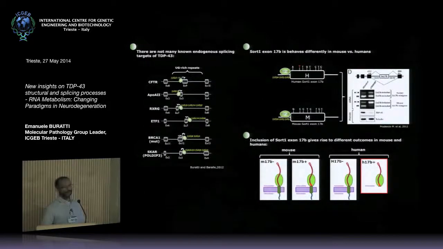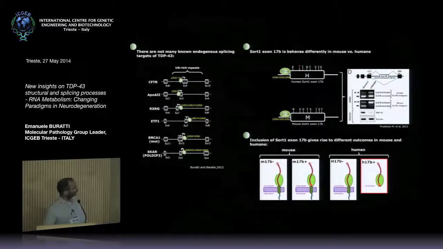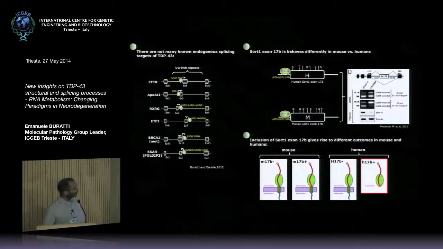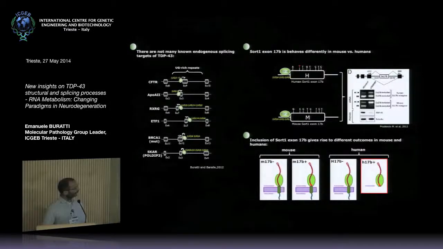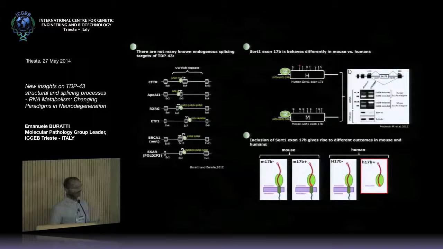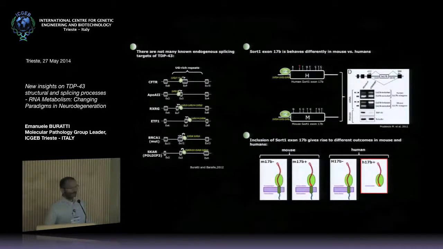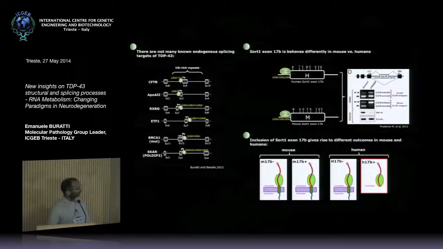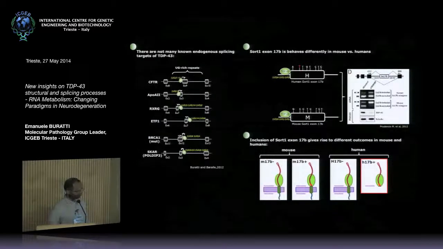In the human situation, the presence of the stop codon in exon 17B will cause the production of a toxic isoform that cannot be incorporated in the cell membrane. It will be released outside and therefore can act, for example, as a decoy to lower the amount of progranulin that can be taken up by the neurons.